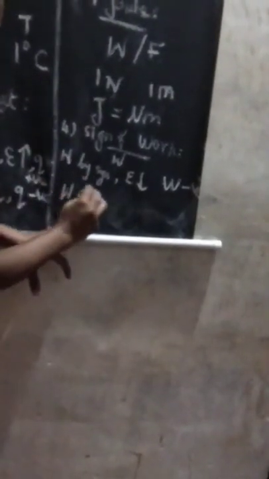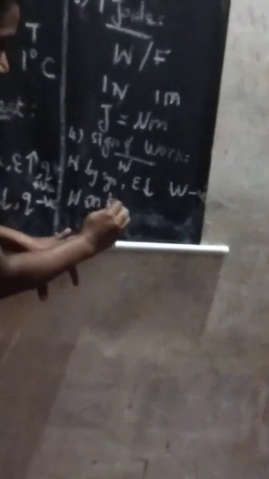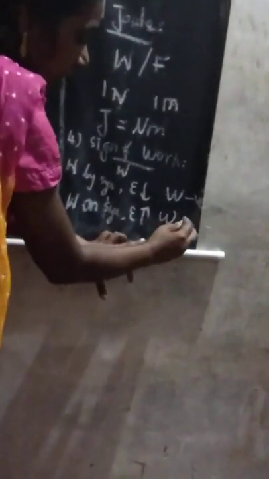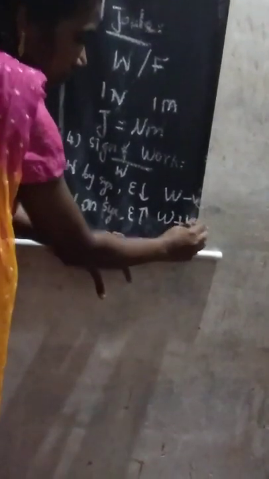If the energy decreases, work becomes negative. Then in the same way, if the work is done on the system, the energy of the system increases. If the energy increases, this work will be positive. Understand this?